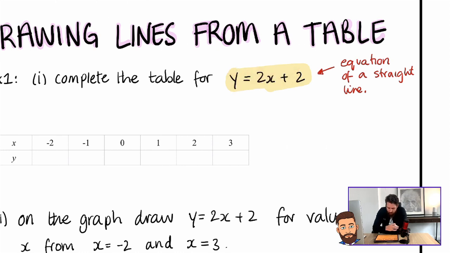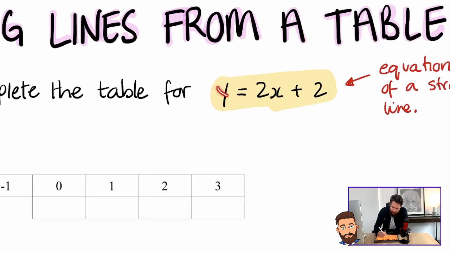So the y and the x, what do you think that stands for? Well, hopefully, if you give a little bit of thought to what we're doing, drawing straight lines where you put those on a coordinate grid, the x and y actually stand for coordinates. The x is the x coordinate, and the y is obviously the y coordinate.